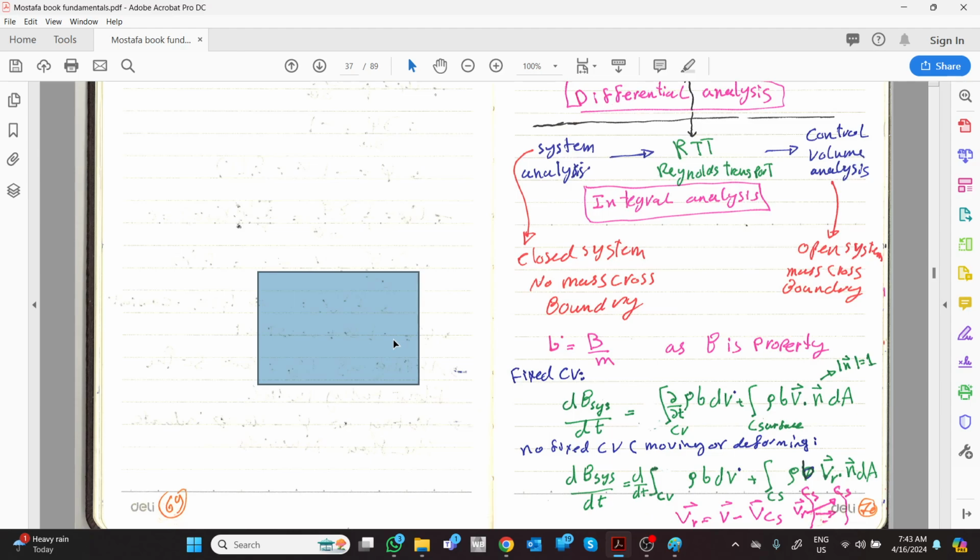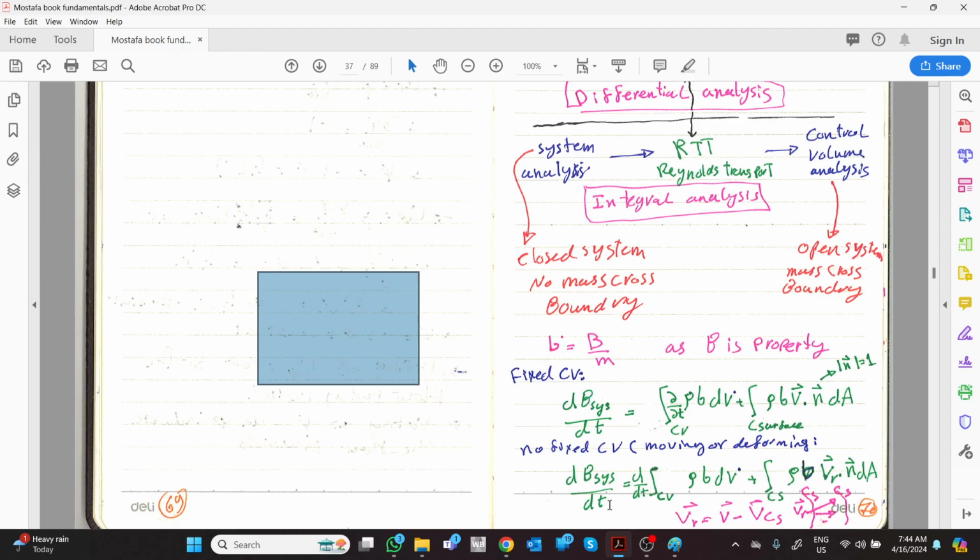It is very logical that the change of that property in time is the rate of change of the density multiplied by the property per mass, because this is the rate of change of the mass, plus the rate of change of that property per mass multiplied by mass in and mass out. That's it. This one is for a fixed control volume.